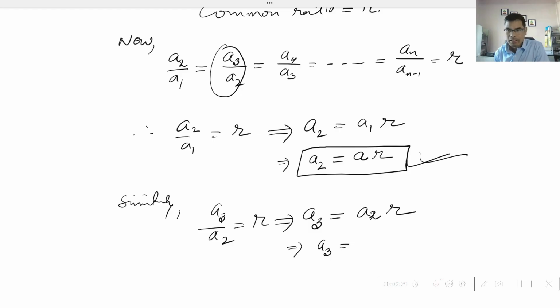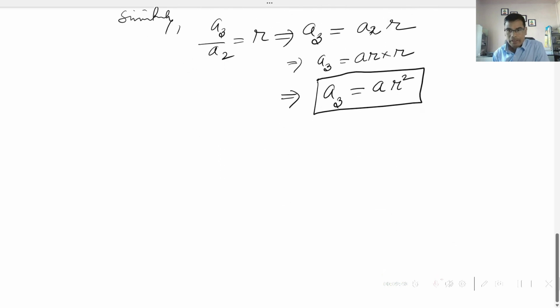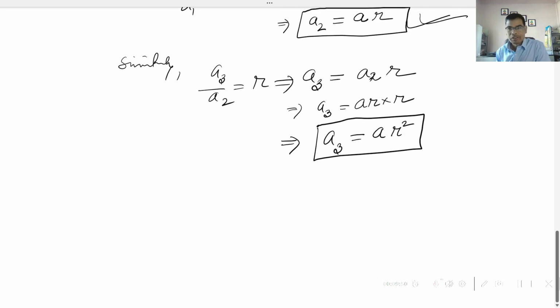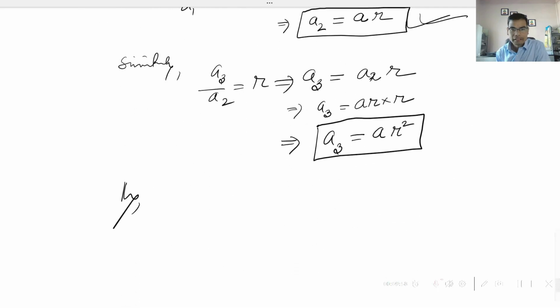From here, in place of A2 we can write AR into R. So finally we have A3, the third term, is A into R into R, so it will be A R square. If we look at this pattern, we can see something. Let us take one more ratio, that is A4 by A3.